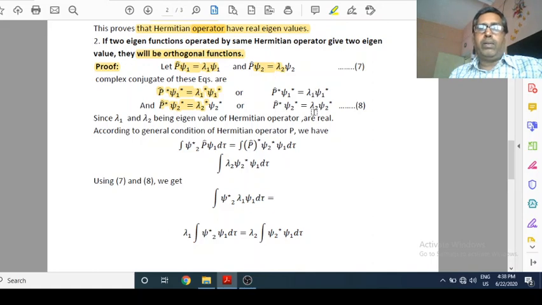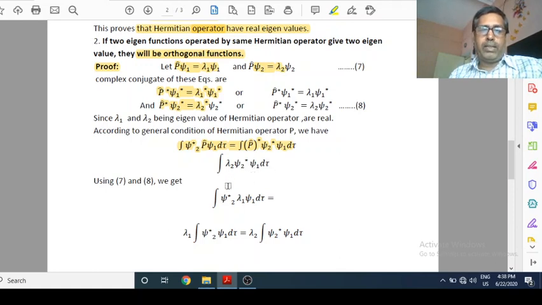Here lambda 1 and lambda 2 are the eigenvalues of the Hermitian operator, and they are real according to the general condition of a Hermitian operator. So lambda 2 psi 2 star is equal to psi 1 theta.